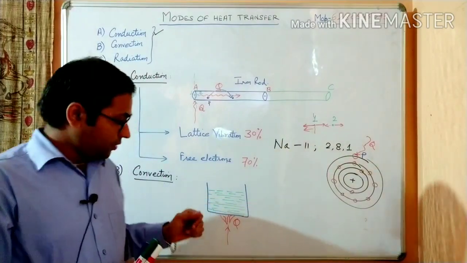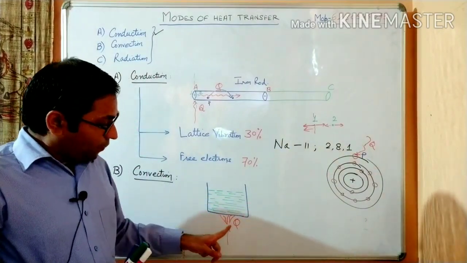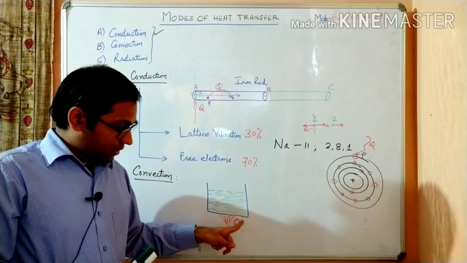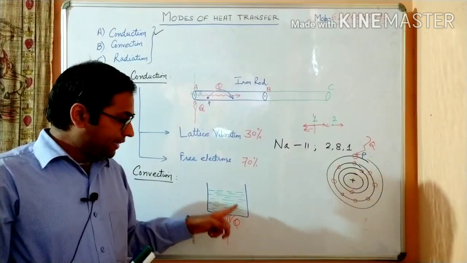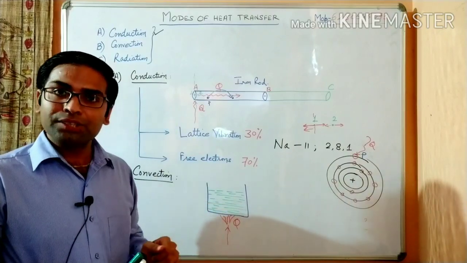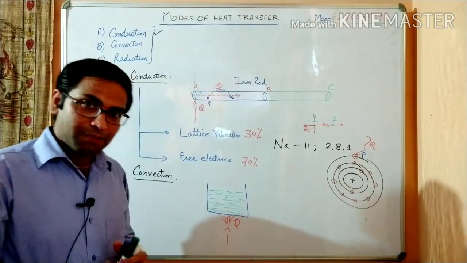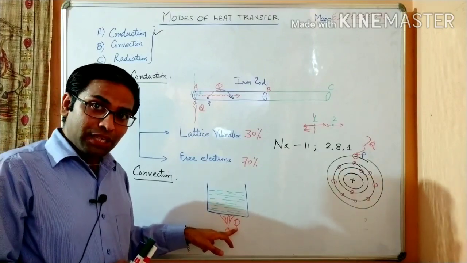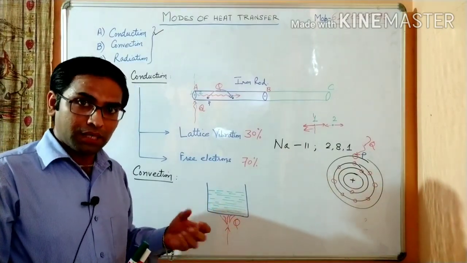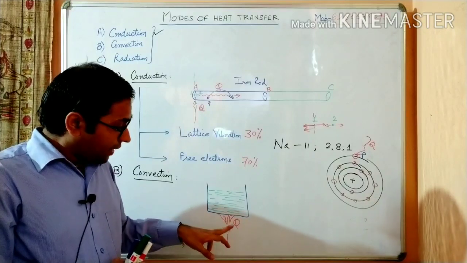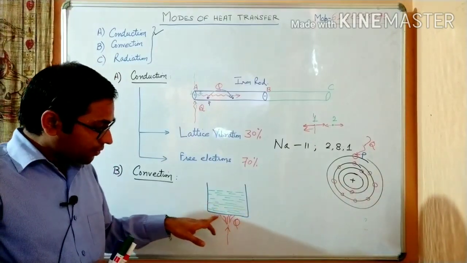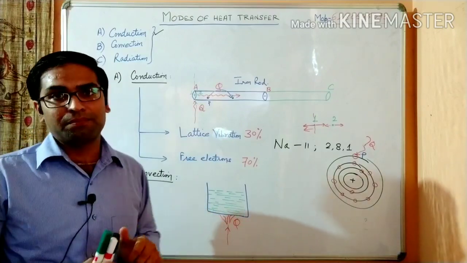Now let us focus. When heat is supplied to this container, of course to heat up the liquid within it, what happens? The joules of heat which are coming from the source burner, from the gas, they firstly strike the external surface of the container.